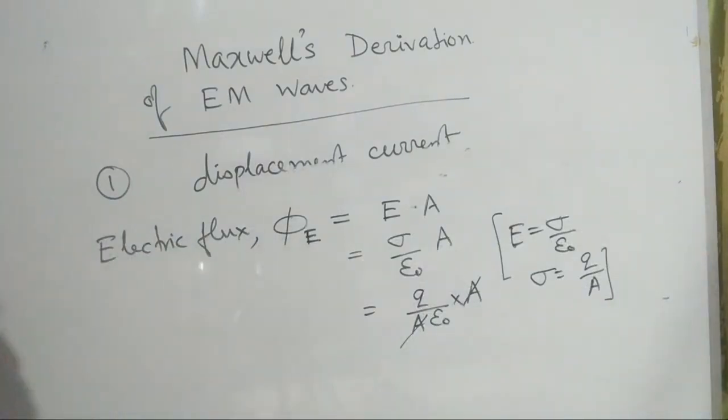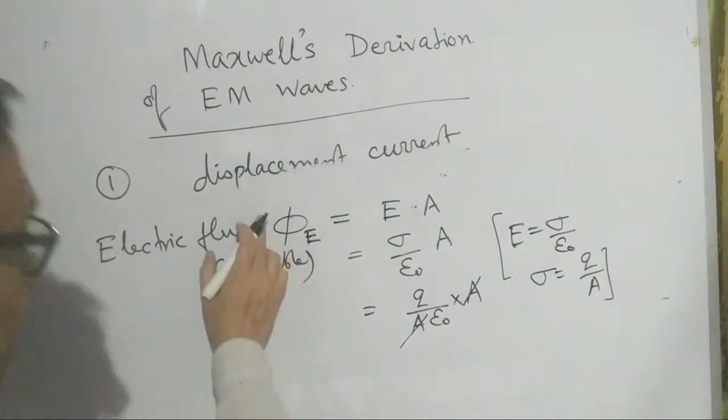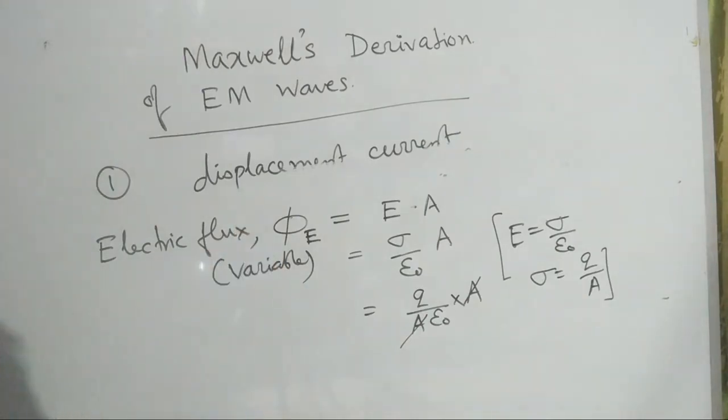Because this electric flux is variable, since the source we are applying is also variable, it is varying with time, so it is differentiable.